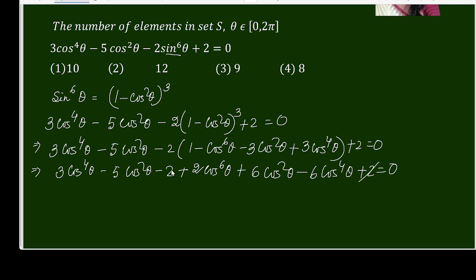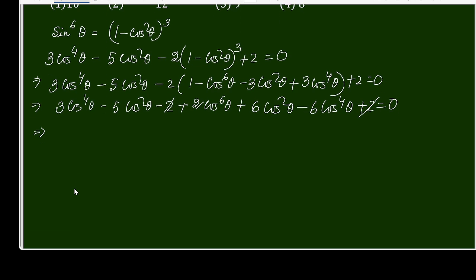So 2 will cancel. Then we arrange them. We get first 2 cos^6 theta, and 3 and minus 6 cos^4 theta gives us minus 3 cos^4 theta, and cos^2 theta minus 5 plus 6.